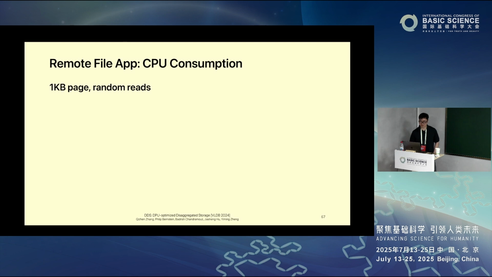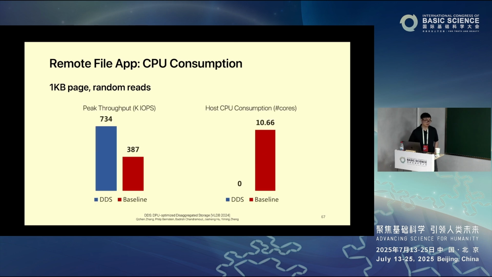We first measured how many CPUs can be saved by DDS. In the file application, we randomly access 1 KB pages on the storage server, and we measure the achieved end-to-end storage throughput and the CPU consumption on the storage host.